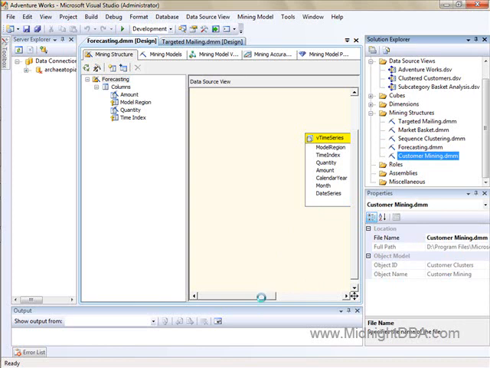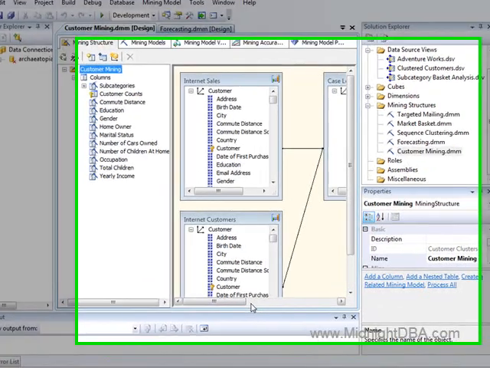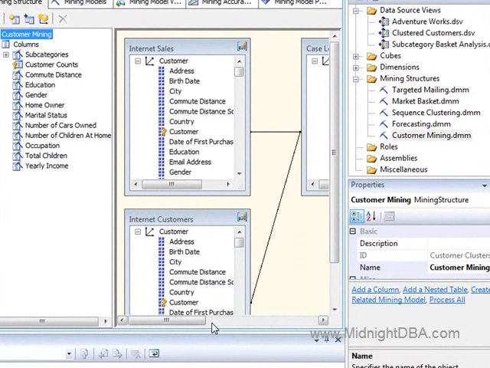You said a mining structure has many mining models. Do you have to define a mining structure? Yes, you have to. Basically, the process is you start with a data source view that is your raw data from a view or a table. Then you build a data mining structure, which is a subset of that data, or where you build joins that will actually be used as input into the data mining infrastructure of Analysis Services.